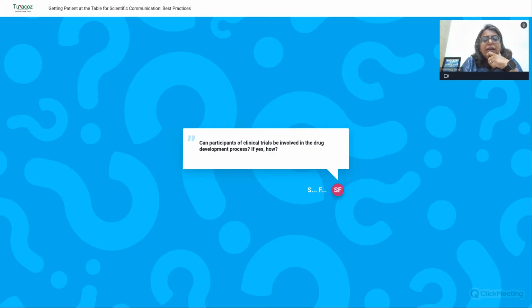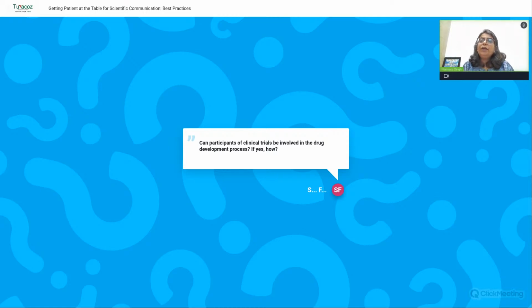Can participants of clinical trials be involved in the drug development process? So this is what we're talking of when we say patient centricity. We're talking of giving a voice to the patient to talk about how they have experienced, what their experiences and insights have been, and that itself helps you in the development process.